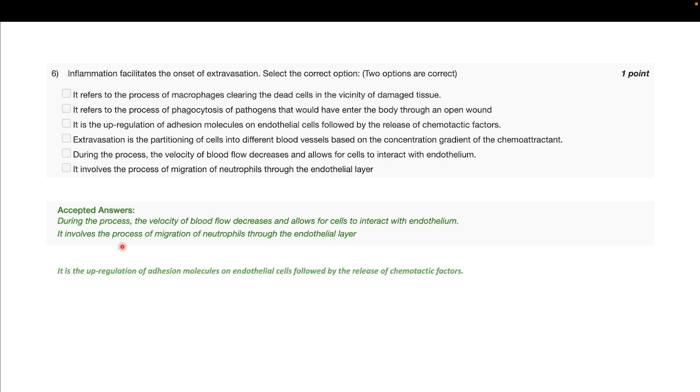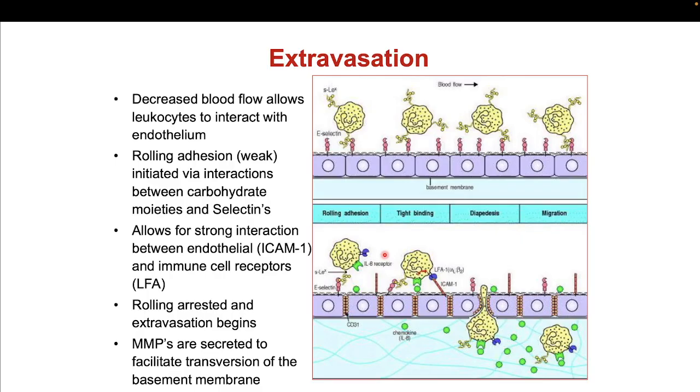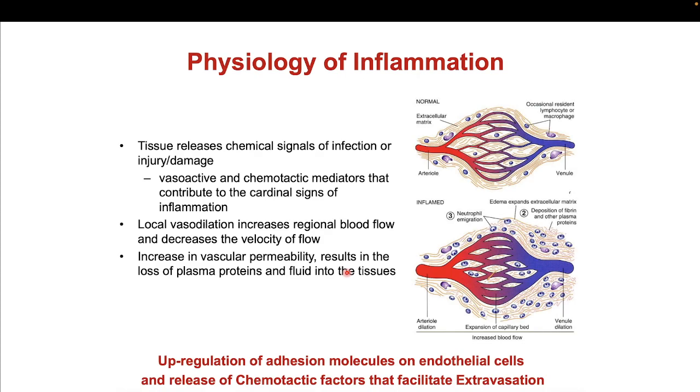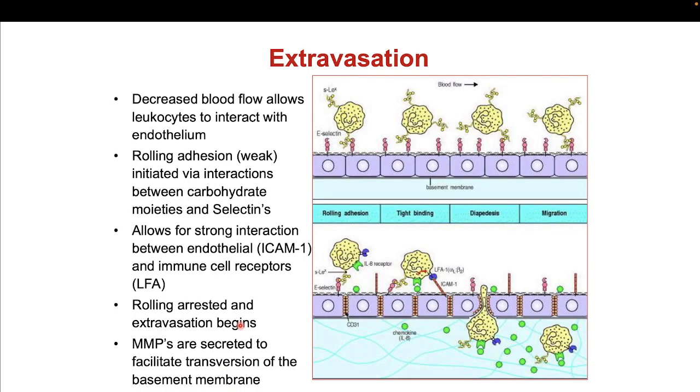The other phenomenon that occurs is that extravasation follows upregulation of adhesion molecules on endothelial cells, followed by the release of chemotactic factors. Adhesion molecules are, for example, ICAM. These are necessary to interact with the neutrophil molecules. So that is also one parameter of extravasation.